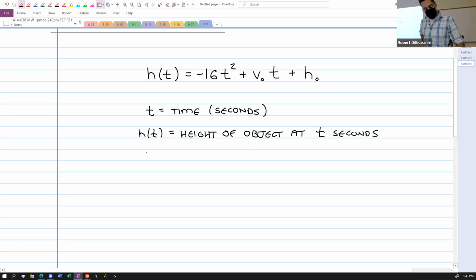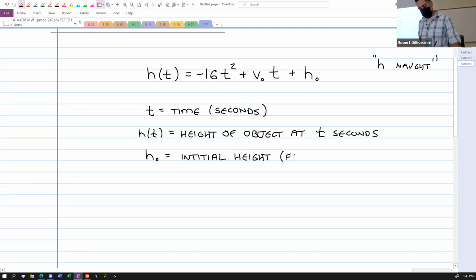Now there's other things in here. H with that little subscript 0, we say H naught. You've all heard that before? It's physics terminology. Naught, I think it's N-A-U-G-H-T. Not meaning zeros. This is the initial height, and it is measured in feet.